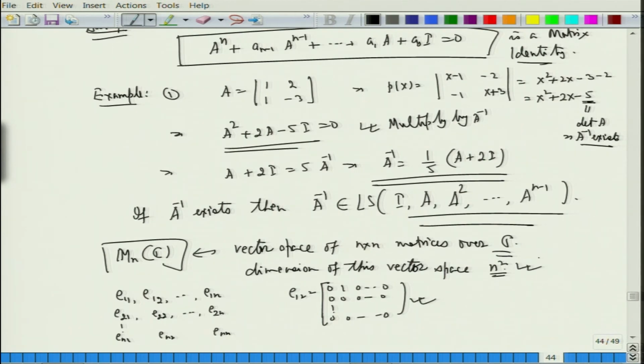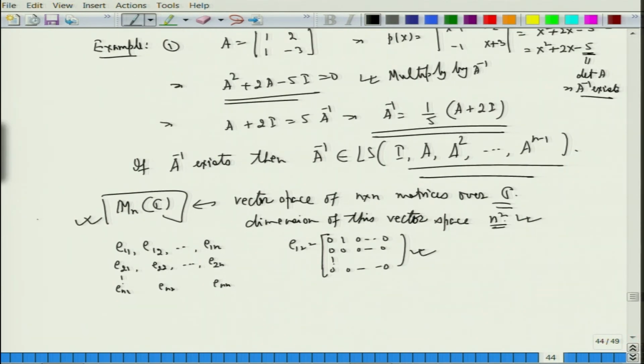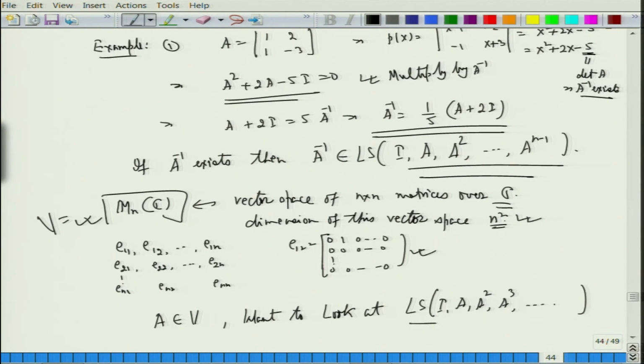Since it is a vector space, there is an A in this. I would like to look at the linear span. So, given this vector space V, A belongs to V. I want to look at the linear span of I, A, A square, A cube, all the way till infinity. All right. Fine.